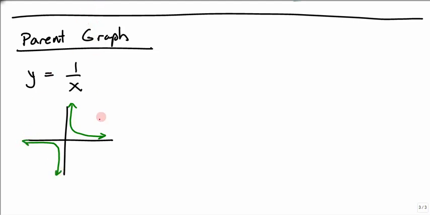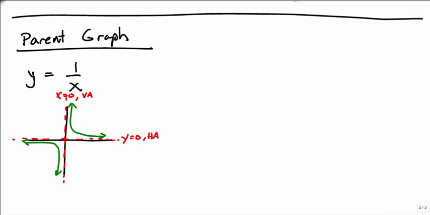Important things to remember: I have a vertical asymptote and I have a horizontal asymptote here. So my vertical asymptote is at x equals 0. This is my vertical asymptote. My horizontal asymptote is y equals 0. So that's one of my parent graphs, y equals 1 over x.